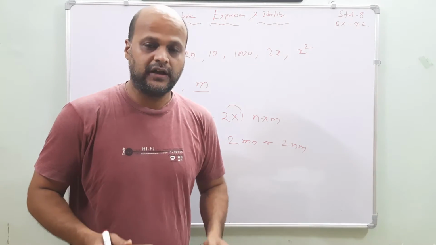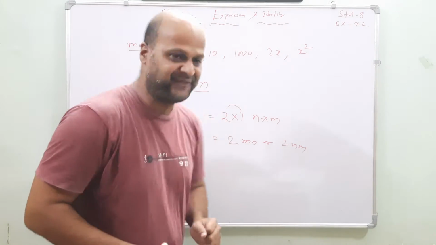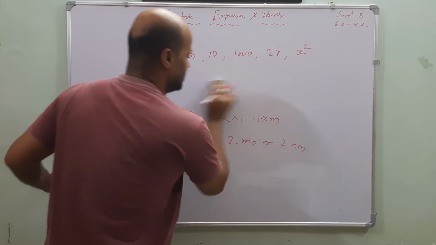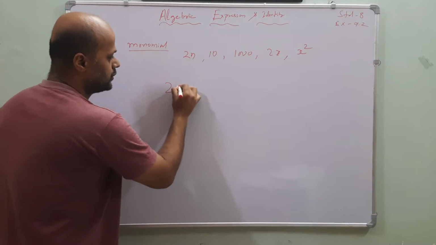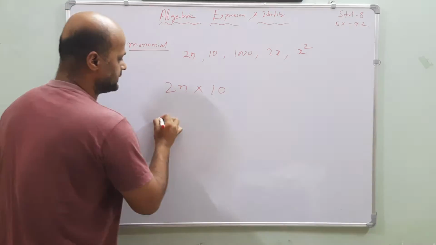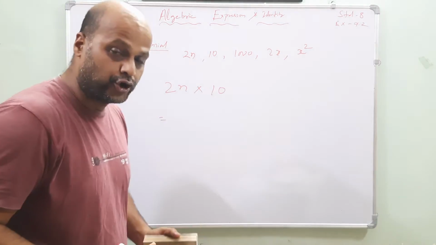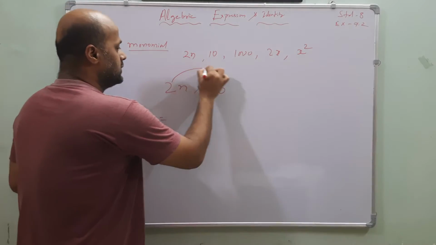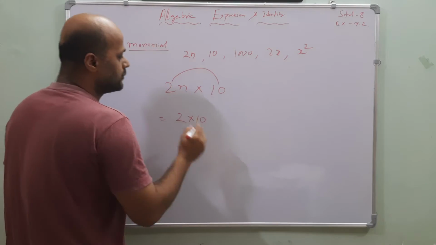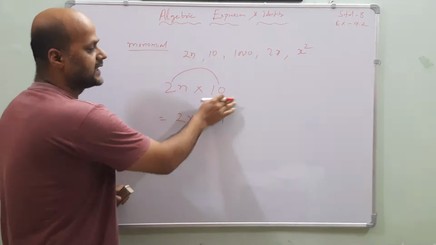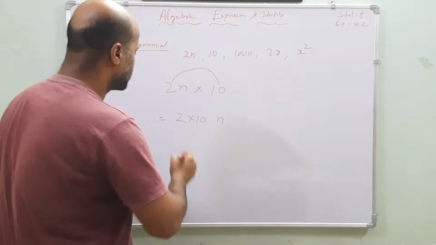Let's go through another example, my dear friends. Let the monomials be 2n and 10. As I told you, first the constants will be multiplied, that is 2 into 10, and here the monomial is only n, nothing else is there in the other monomial.